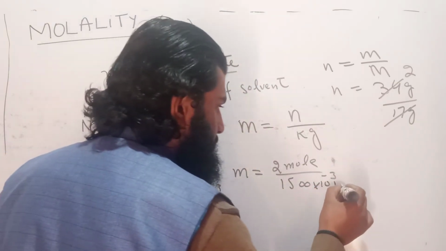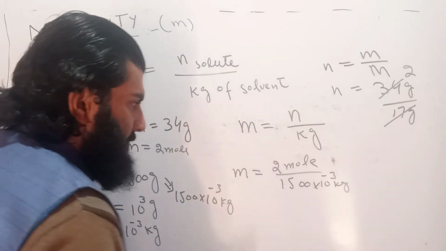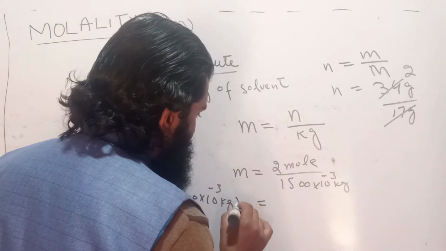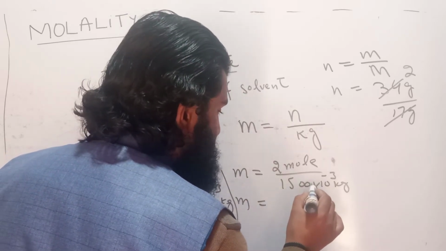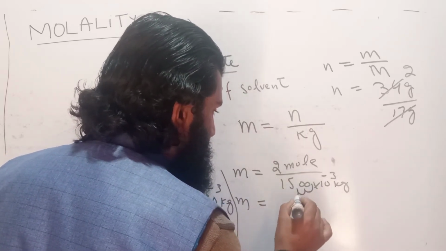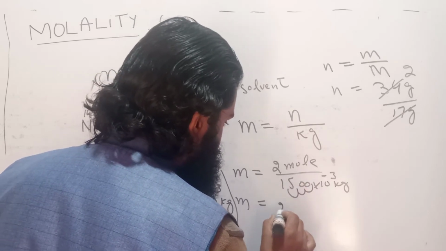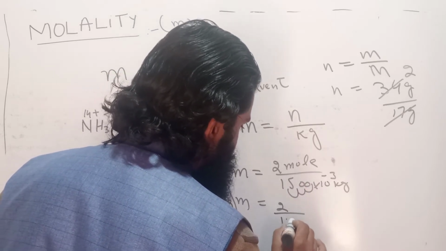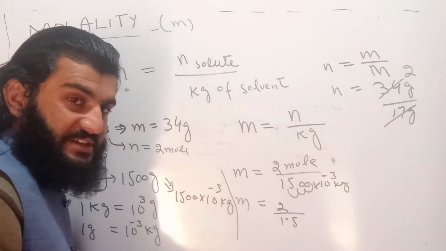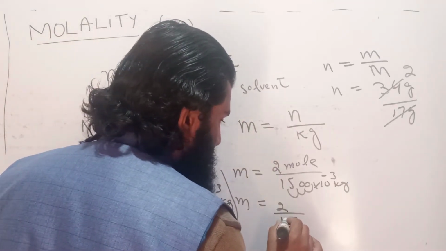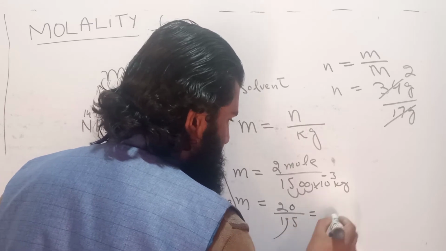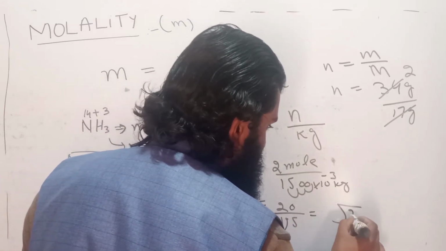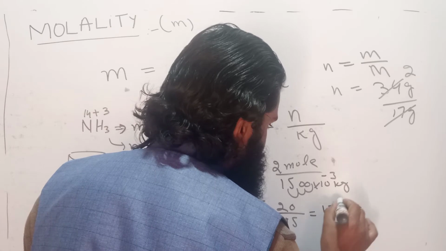So we can write molality is equal to 2 divided by 1.5. Remove this decimal point and add 0 here, so the answer will be 20 divided by 15.